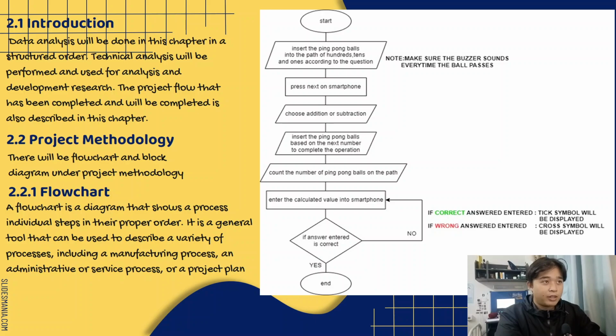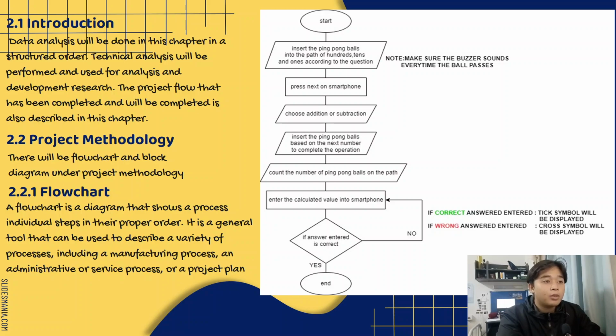So on my right, there's a flowchart. The first is start, and the input is insert the ping pong balls into the path of hundreds, tens and ones according to the question that has been given. The next process is press next on the phone. Next is choose addition or subtraction, and then input by inserting the ping pong balls based on the text number to complete the operation.